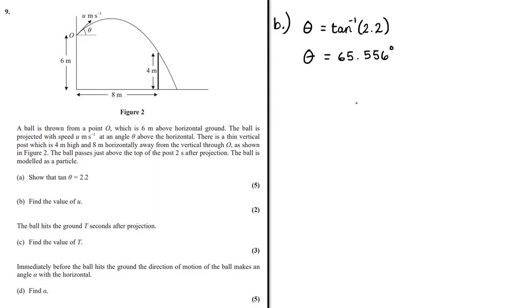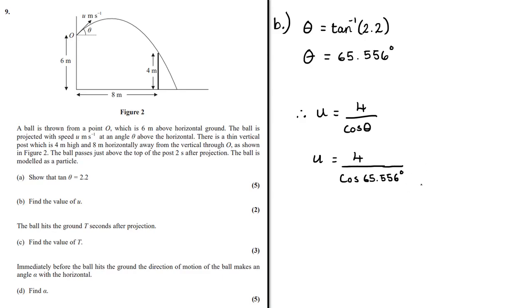Like we said, now we can rearrange one of the equations that we originally had for U. So I'm going to rearrange this, making U equal to 4 over cos theta. But we know theta is 65.556. So all I need to do now is replace theta with this value. So U is going to be equal to 4 all over cosine of 65.556 degrees.